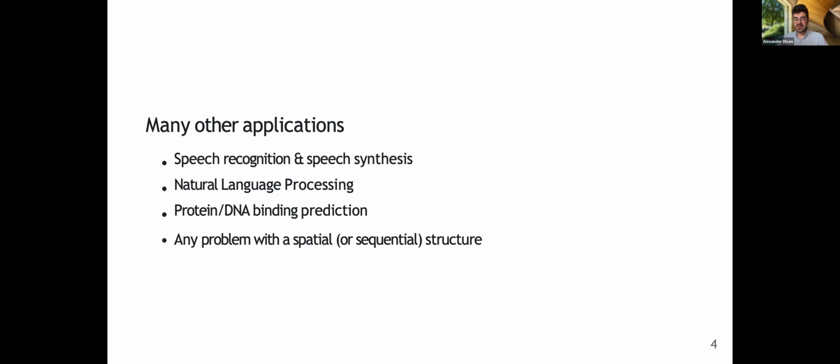There was a significant amount of success using convolutional networks to predict protein and DNA binding interactions. But really, the commonality here is that convolutional networks work really well in situations where there's some kind of spatial or sequential structure to the data. So across all of these things, that's what convolutional networks are letting us sort of take advantage of.